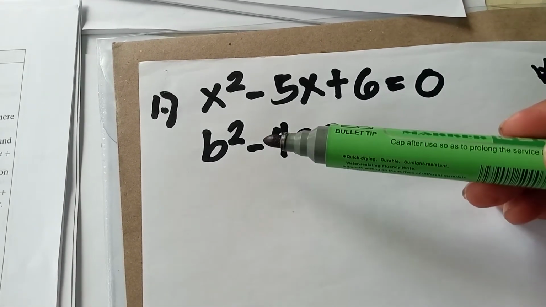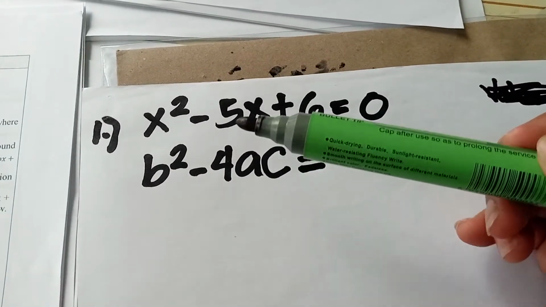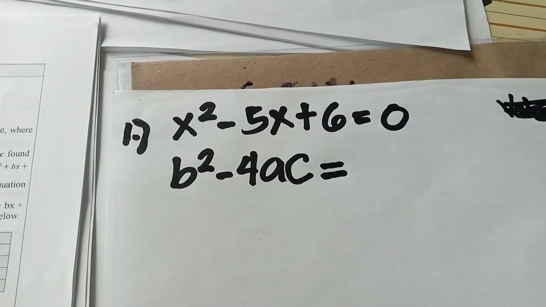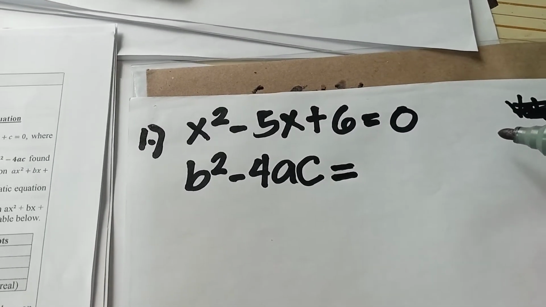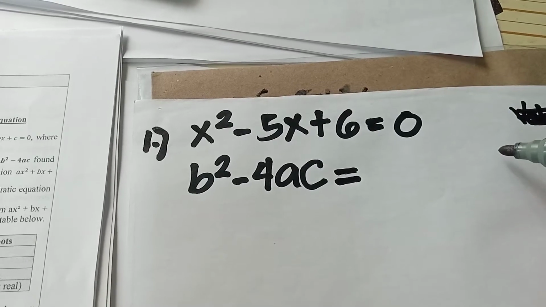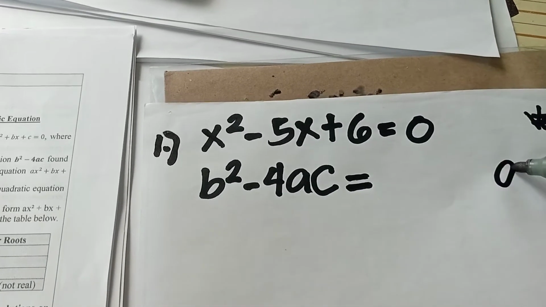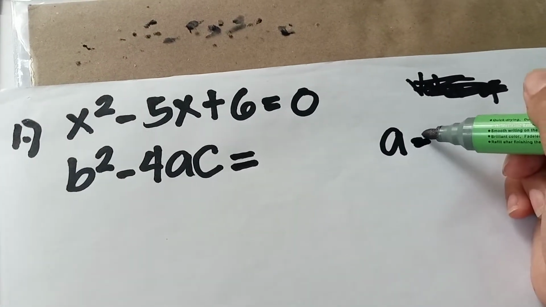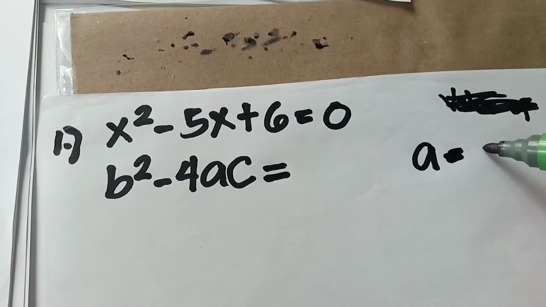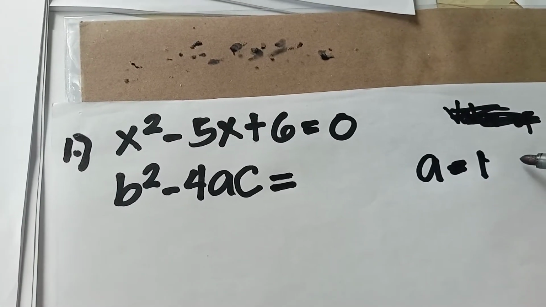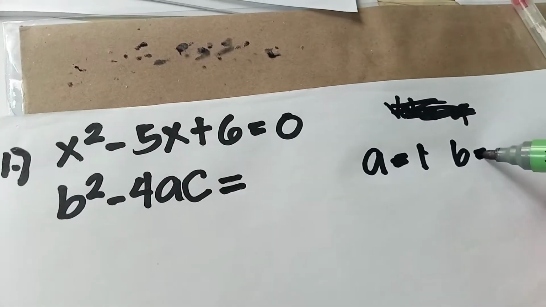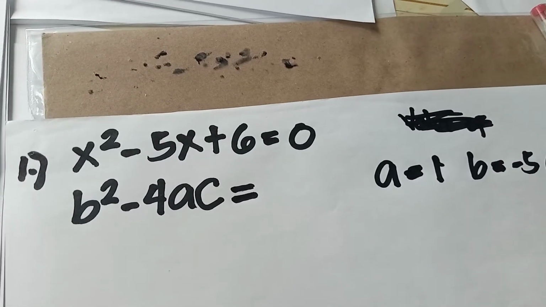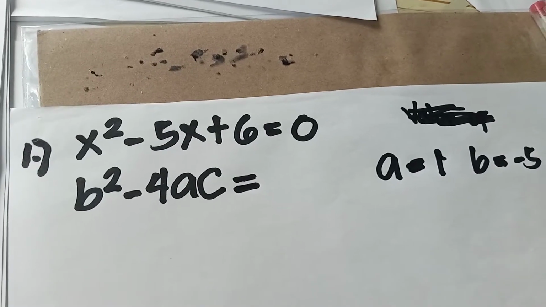So ang pag-solve, kwaon daan ang value sa A, value sa B, value sa C. So ang value sa A is equal to 1. Value sa B is equal to negative 5. Value sa C is 6, positive 6.